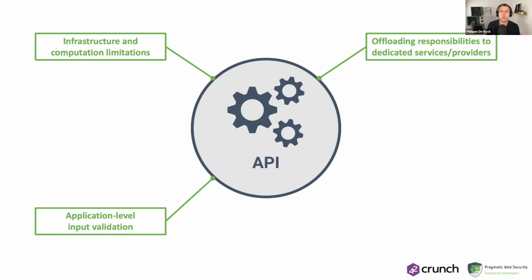You can also offload within your own infrastructure, within your own application, basically. Common example, image processing. Like you upload an image, it has to get resized. That's one of the topics where I would advise you to stay away from that, because image processing is absolutely horrible to build in a secure way. But if you're ever in the need of building that, build that as a separate service.